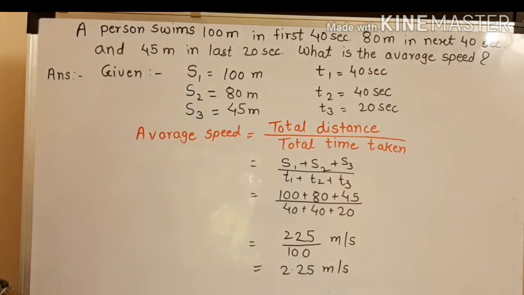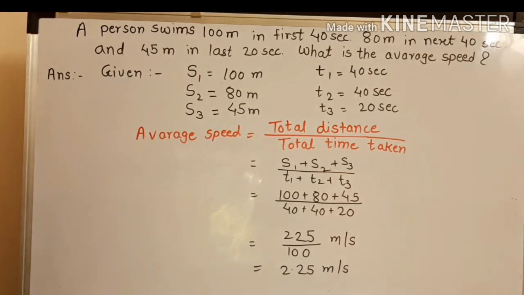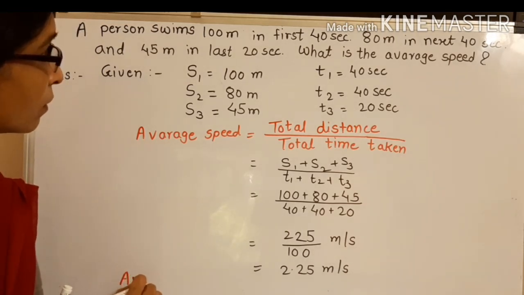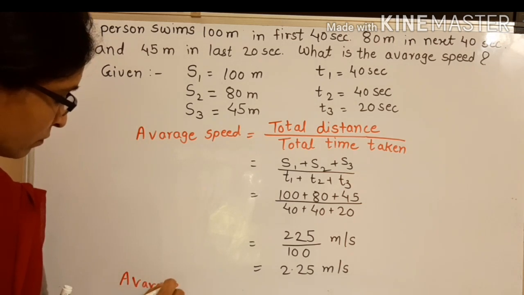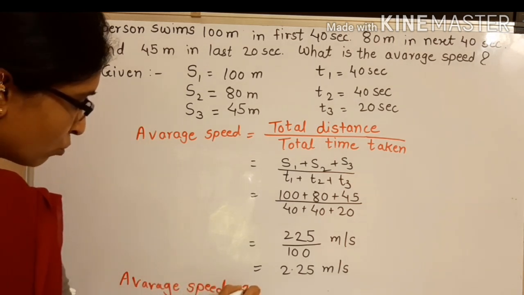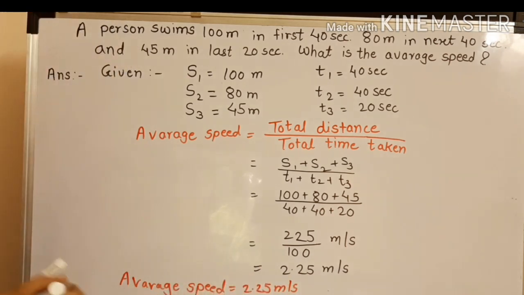If we divide 225 by 100, the answer is 2.25 meters per second. So in words we write the answer: average speed is equal to 2.25 meters per second.